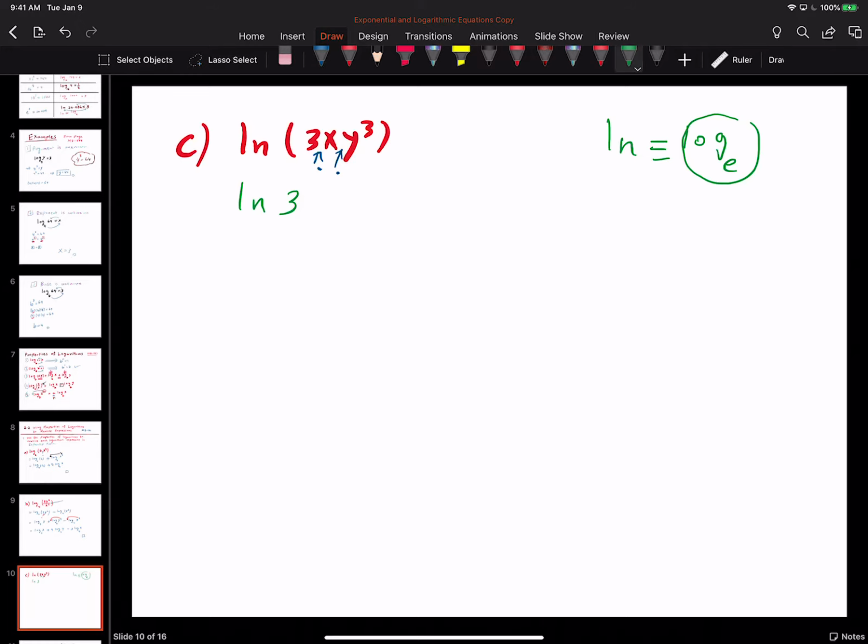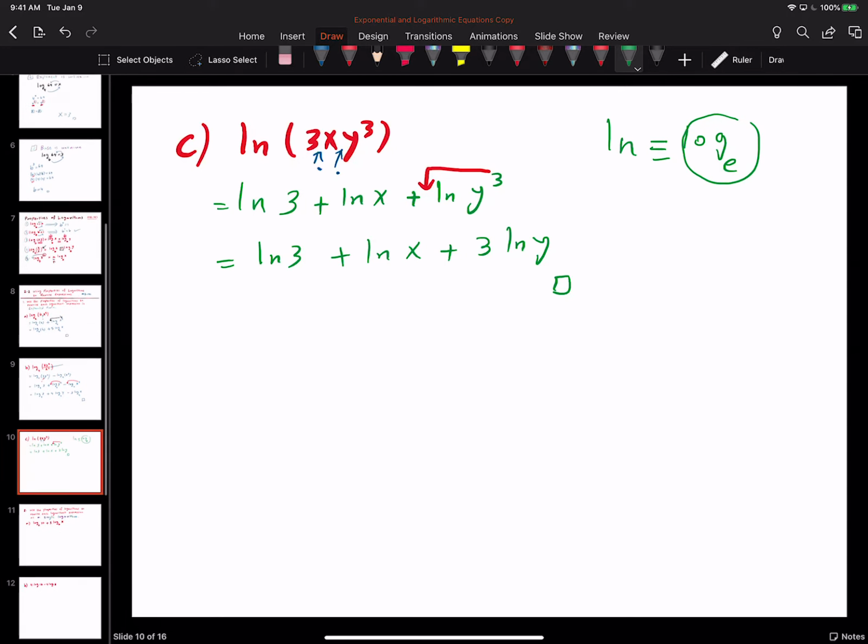So we have ln 3 plus ln x plus ln y to the 3rd. Then this 3 has to go up front and we'll finish the problem. Equals ln 3 plus ln x plus 3 ln y, and we're done.